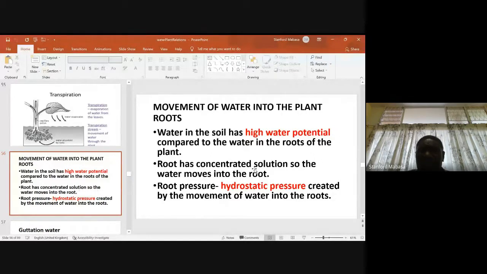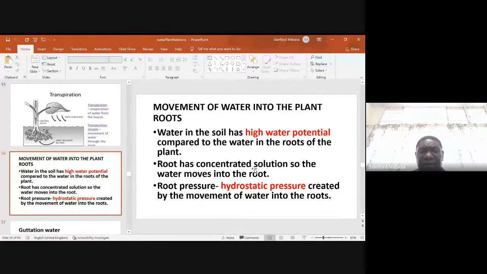Therefore, water will then move from high water potential, which is outside in the soil, into the roots where we have a low water potential. This is the reason why the water flows inside the roots. Remember, the root is a concentrated solution. So the water moves into the root.